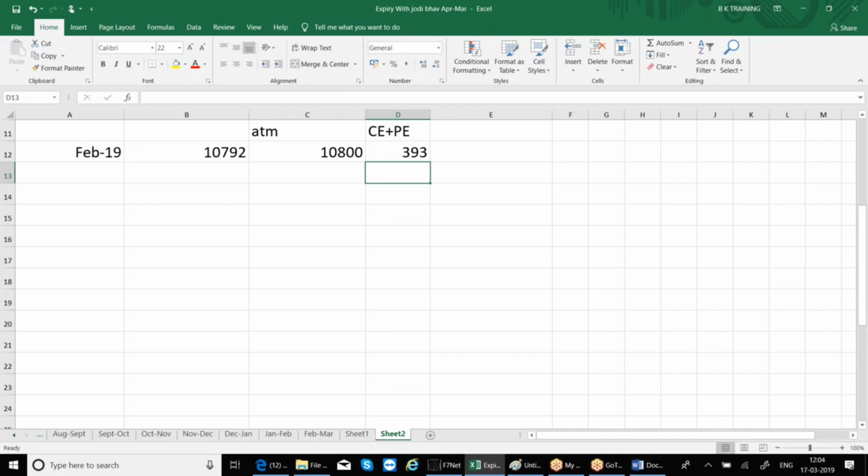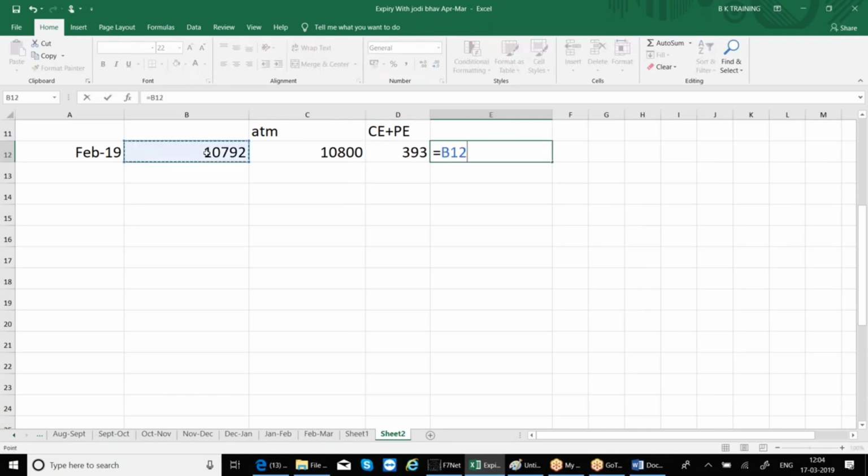ढूंढते मुझे मिल गया. कहां से मिला? ये रहा. Means what is market expecting? That prices can be expiry plus ATM or expiry minus ATM.